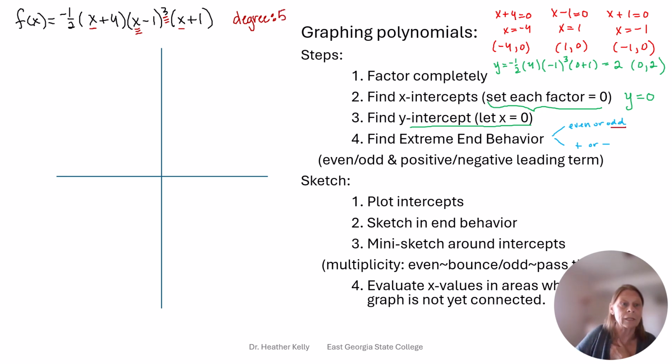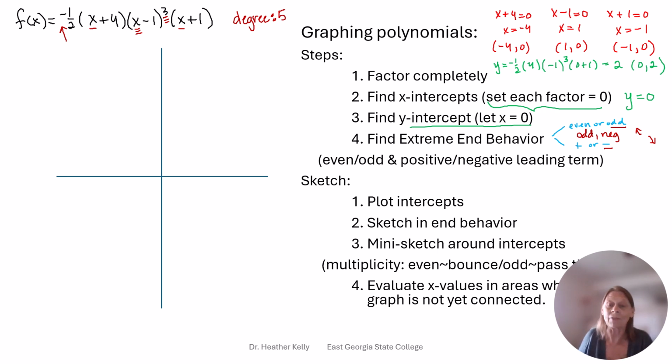And then we'll look at this leading coefficient here and see that it is negative. So we have an odd negative, and that means that it's going to be up on the left and down on the right. Okay, now we have all of our information. We needed to find information on 3 things since it was already factored, so here we go.